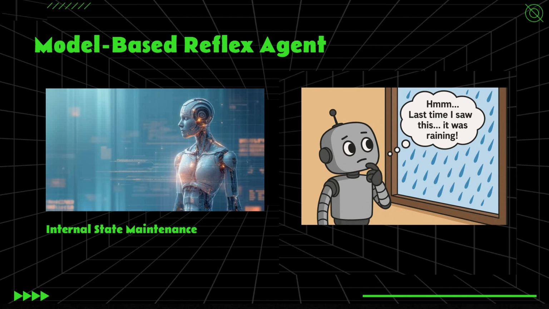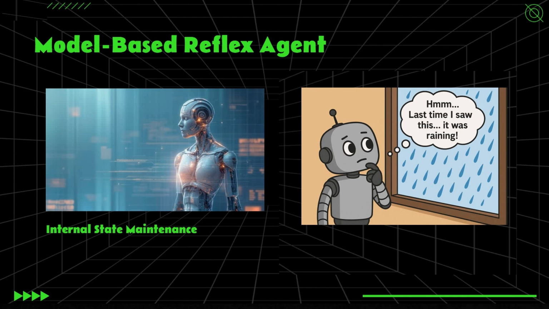So in short, a model-based reflex agent has internal memory and handles situations where it cannot see everything. It uses a world model to guess what's happening and is more adaptable than the simple one we saw first.